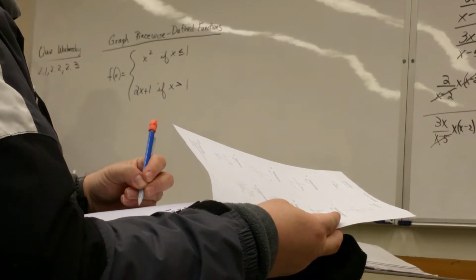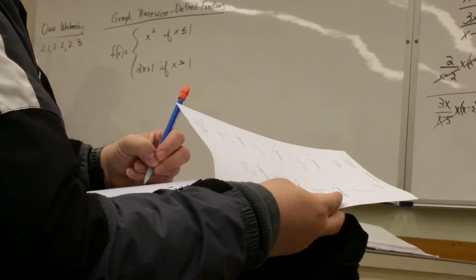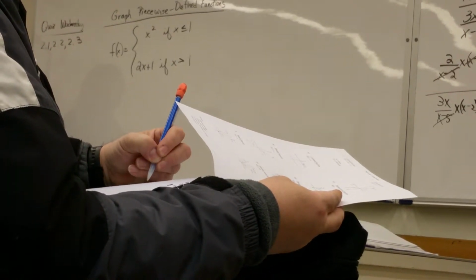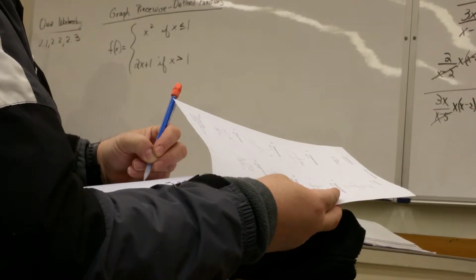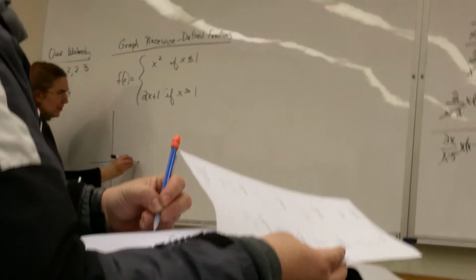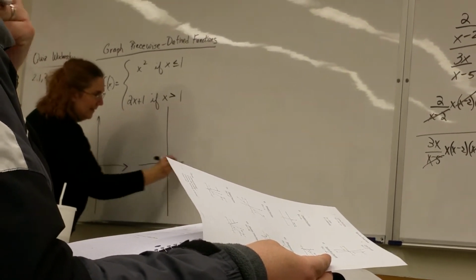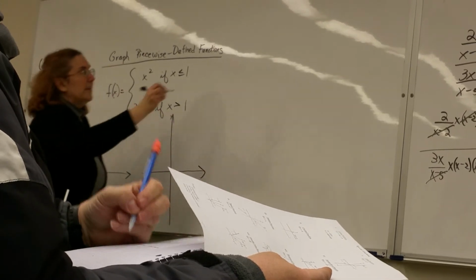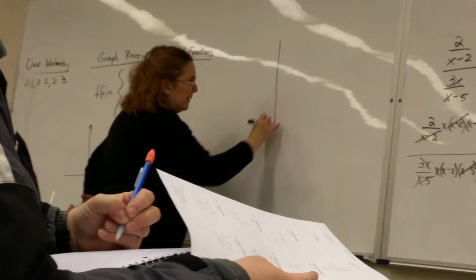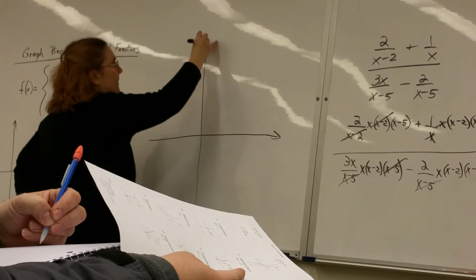So that's all we really know at this point. Over the years, I have tried many, many different ways to teach these. To me, this is the easiest way to see what we're doing. I am going to graph the 2 pieces separately. And then I'm going to come back and put the 2 pieces together onto one big graph.